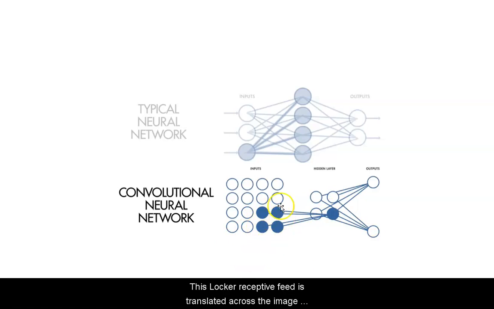Now, this local receptive field is translated across the image. So, we can see that it started from here, then here, here and here, right? So, the local receptive field is translated across an image to create a feature map from the input layer to the hidden layer neuron. And this is done with the help of what is called convolution.